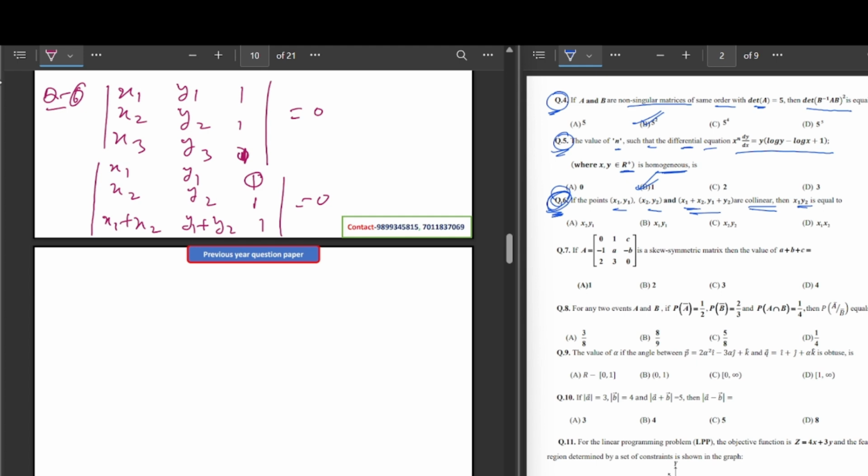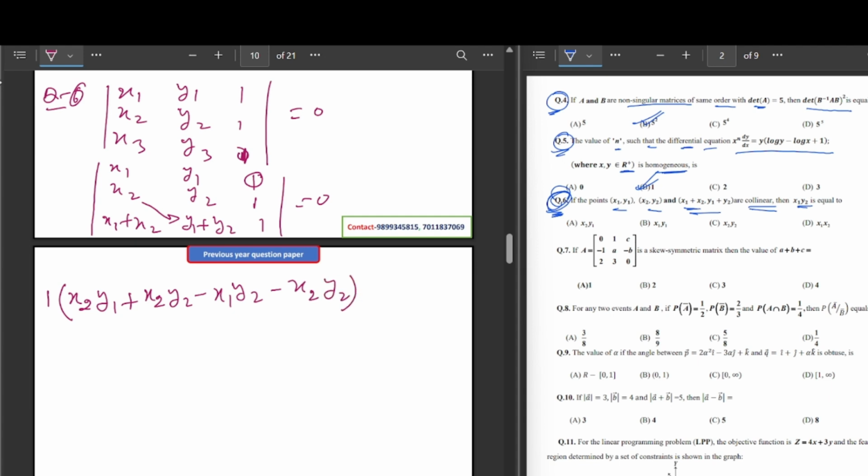Solve from here: first, this multiplied with this, it becomes x2 y1 plus x2 y2, minus, after that this multiplied with this, x1 y2 minus x2 y2.